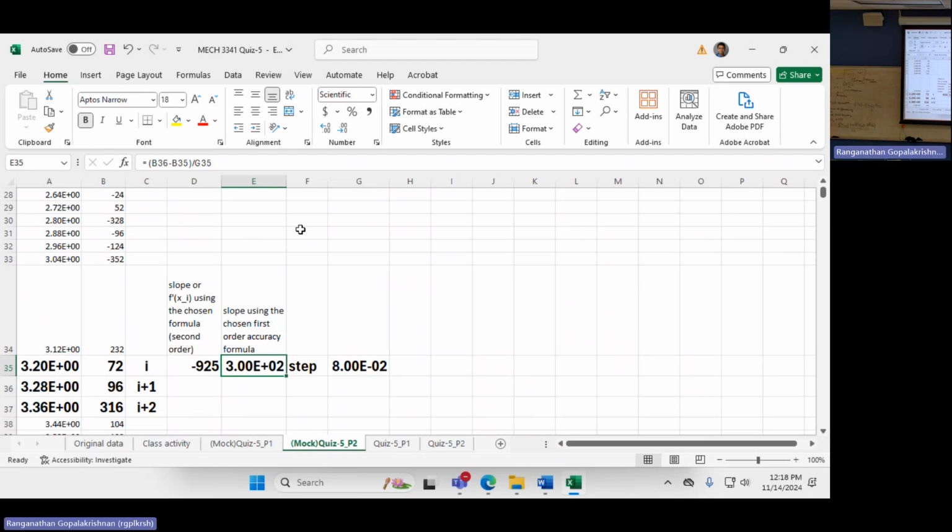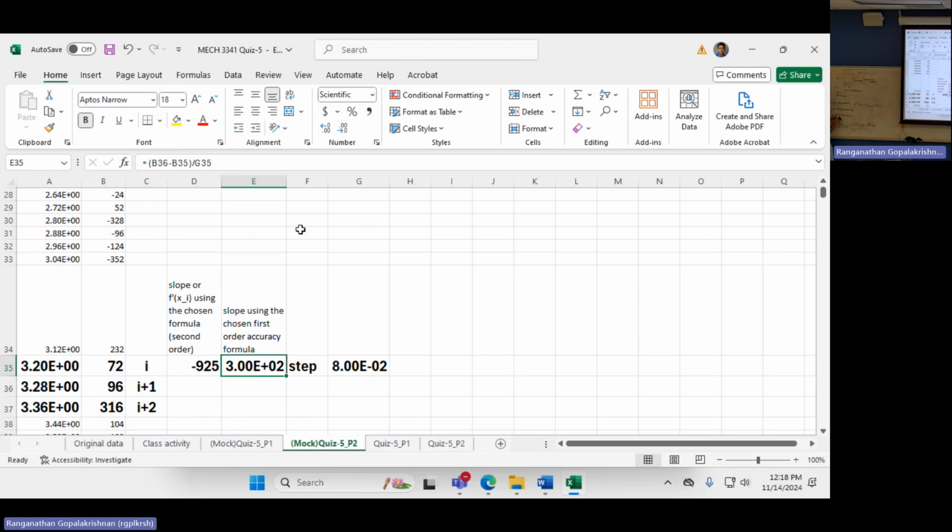So we did slope, first order, second order accuracy using forward differencing. Now let's do curvature, second derivative using, instead of forward differencing, central differencing.